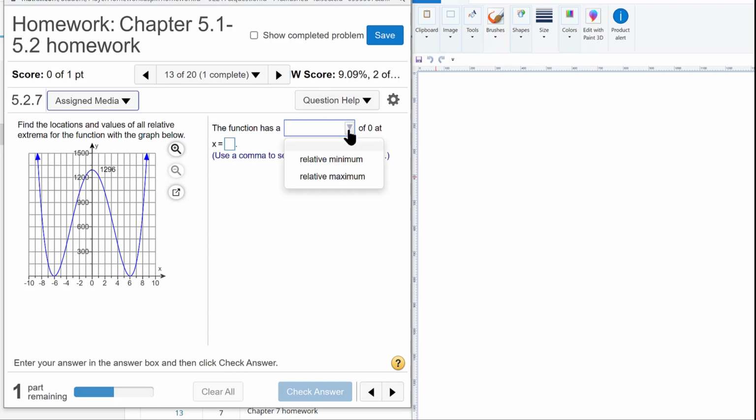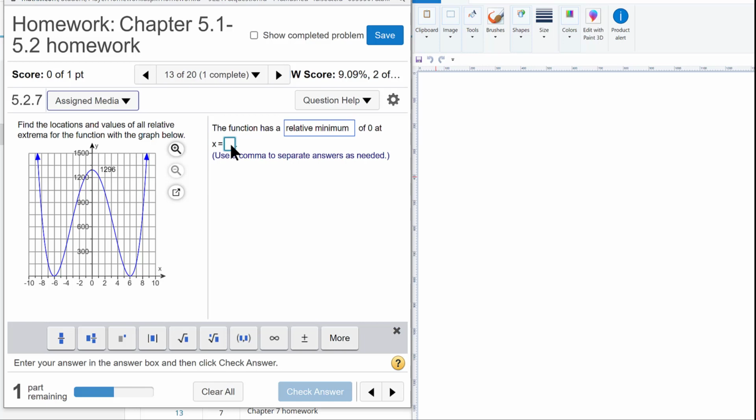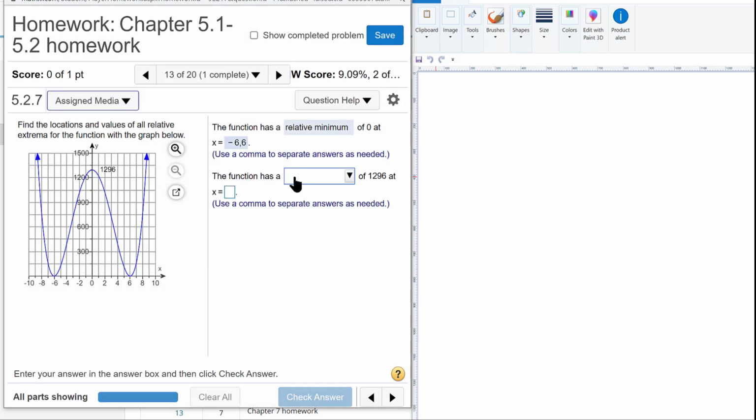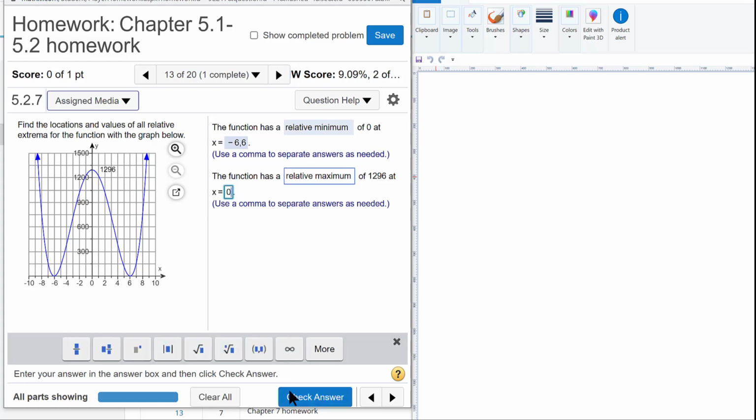So those are local minimums or relative minimums at two different values of x, -6 and +6. It has a high point, 1296, so that's a relative maximum, and that's where x is 0.